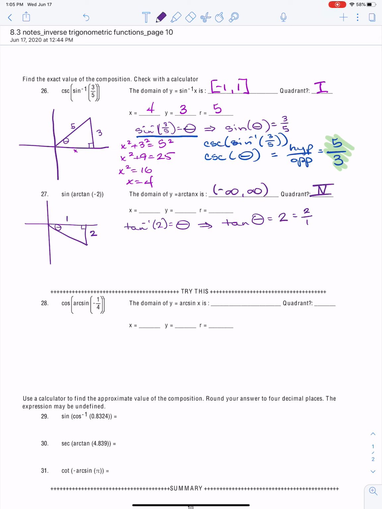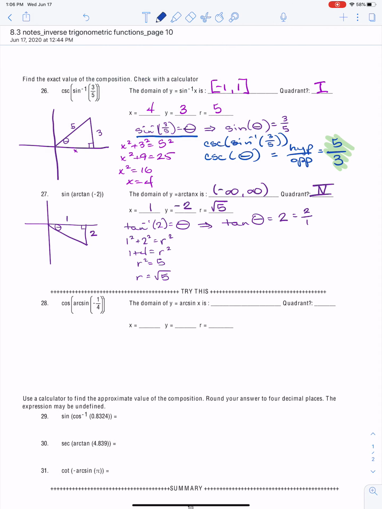I have not drawn a fabulous triangle that fits, but it doesn't really matter. So now we need to find r. We've got 1 squared plus 2 squared equals r squared. 1 plus 4. R squared is 5, which means that r is the square root of 5. And so we're going to fill this in. X is 1, y is -2. We're in the fourth quadrant. R is square root of 5.